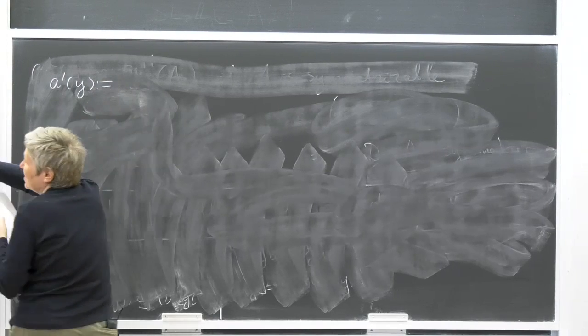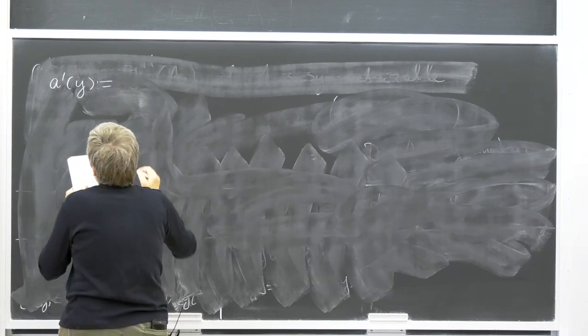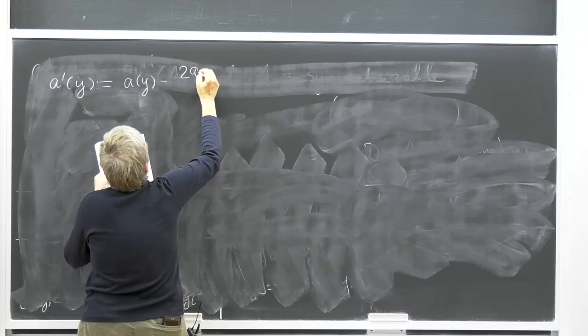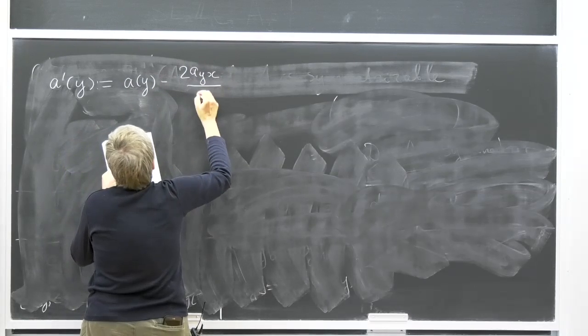The formulas for this anisotropic reflection are pretty simple, and it's something which you know from how it works with the Weyl group.